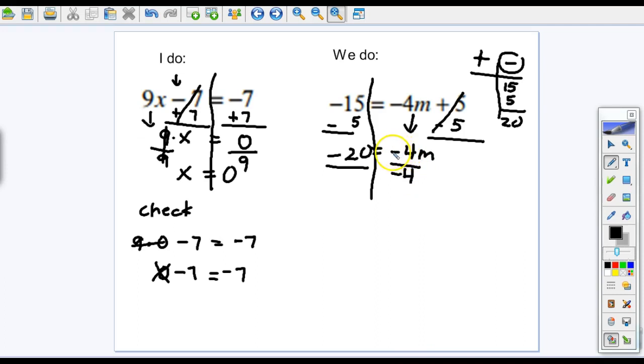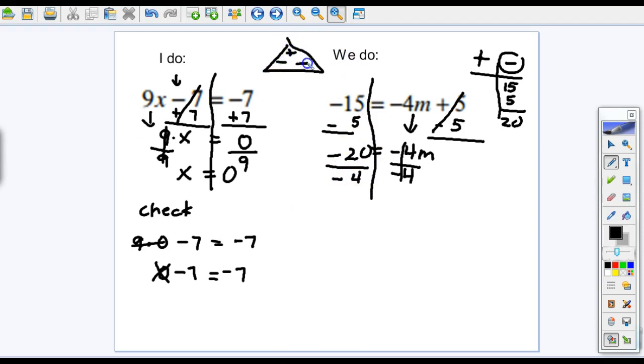So negative 4 divided by negative 4 is 1. Now remember, if I'm going too fast, pause and catch up to me. So we divided by negative 4 on this side. I need to make sure that we also divide by a negative 4 on this side. And remember that triangle?